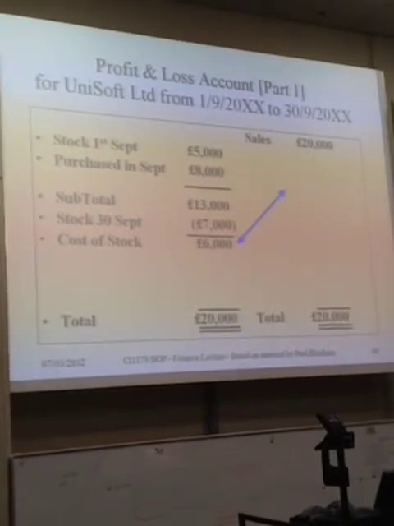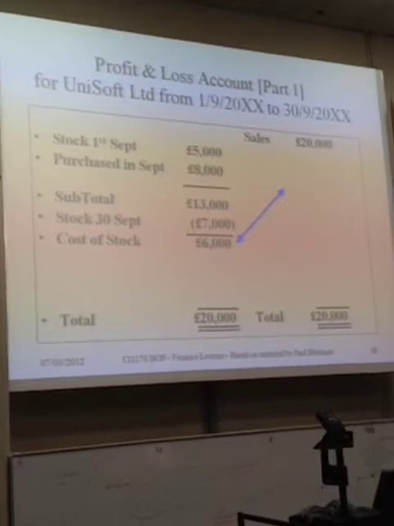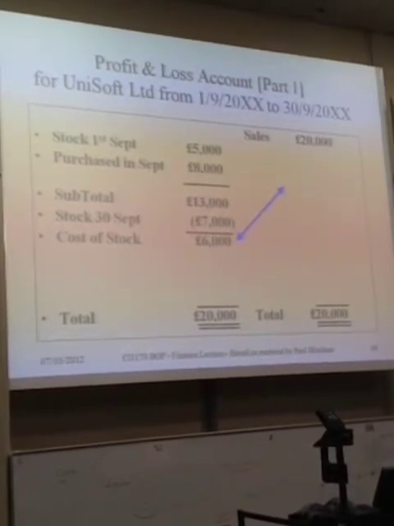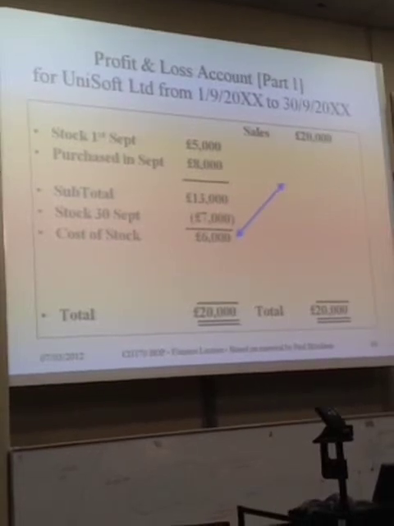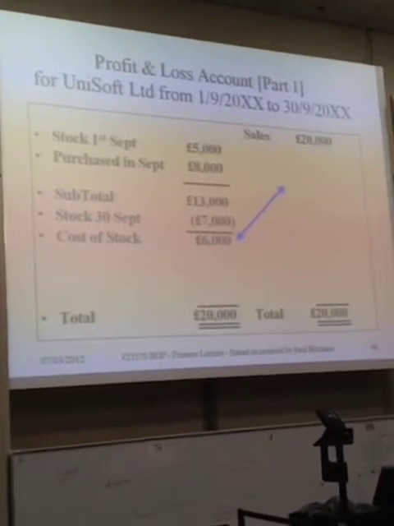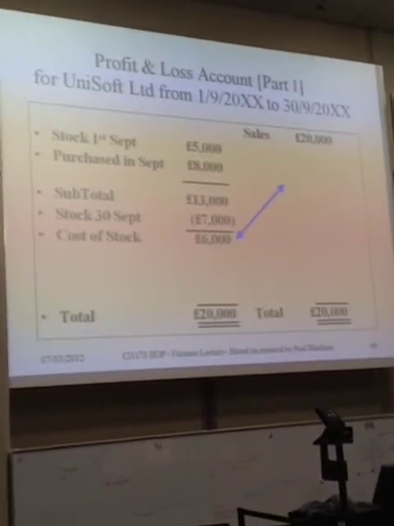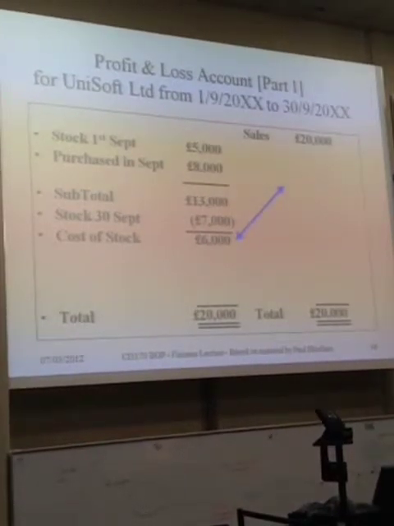We haven't used it, carry it forward. Equals the cost of stock that has been used to make and sell £20,000 worth of tubes of toothpaste. Okay? If you're still not sure and you're uncomfortable about it, don't worry. Come and see me in the workshop. I'll be happy to talk it through with you, okay?